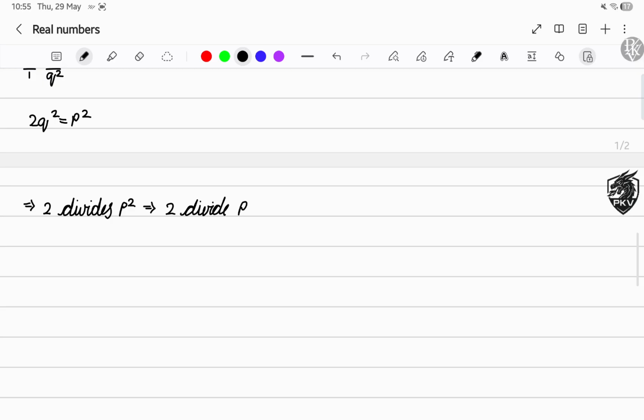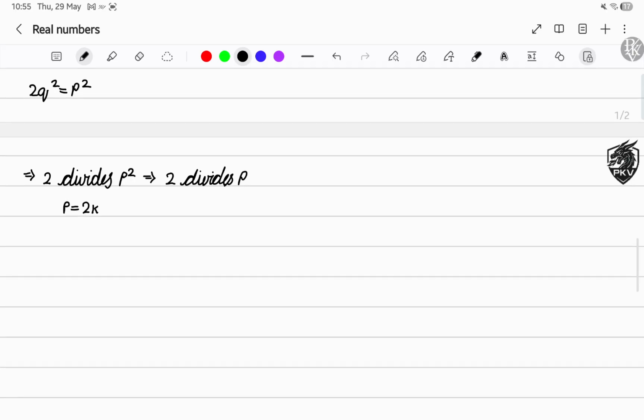So if 2 divides P, then that means that P, I can write it as 2 multiplied by another integer K. I don't know what K is, but P is equal to 2K, right? Because 2 divides P. So in that case, we have already found out that 2Q square is equal to P square.